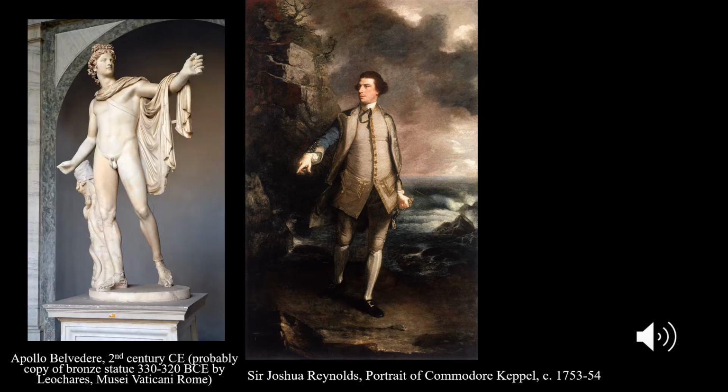So here I'm showing you this comparison where Reynolds clearly adopts the pose of the Apollo Belvedere for his portrait of Commodore Keppel. So this demonstrates a broader habit of Reynolds basing the poses in his portraits off of ancient sculpture or old master paintings, so you can sort of hunt out the references.